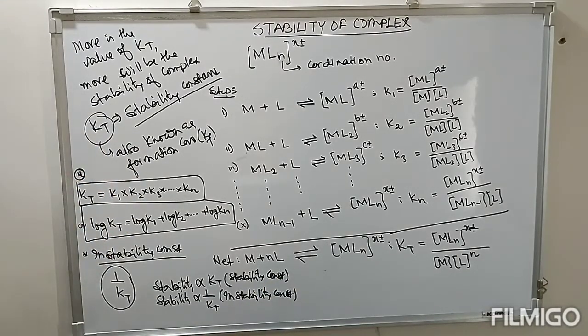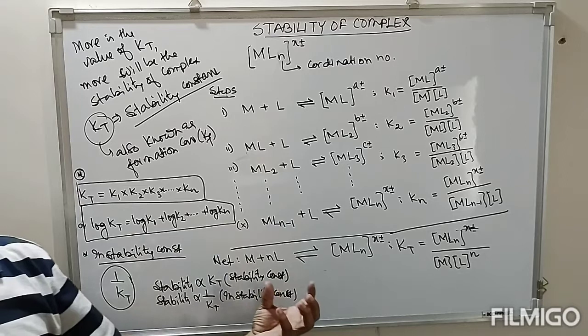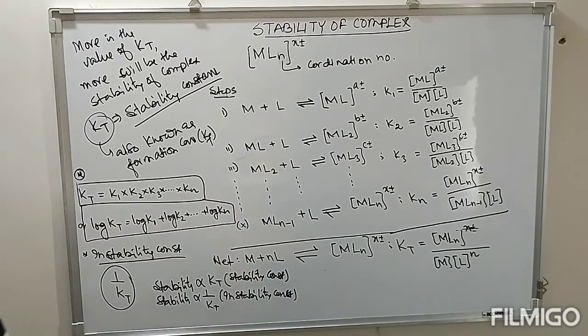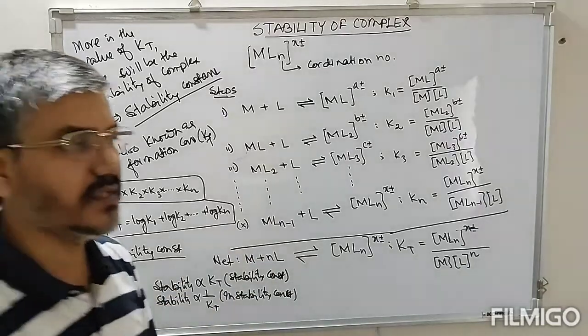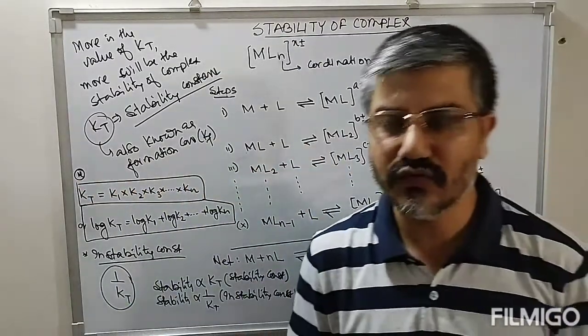So this is how we define stability of a complex from the equilibrium constant. For a complex to be stable, the equilibrium constant should be large, or the instability constant, that is the inverse of the stability constant, should have a low value.